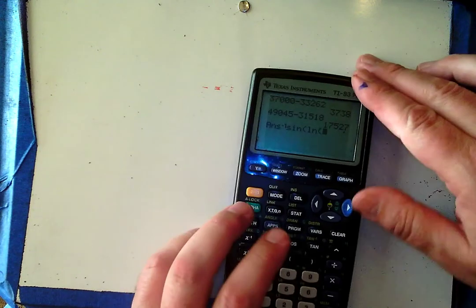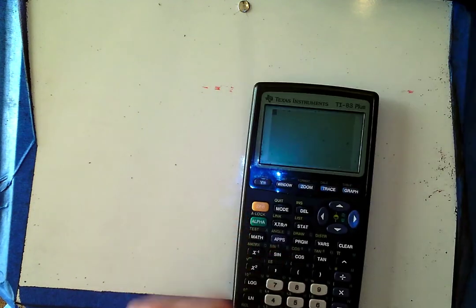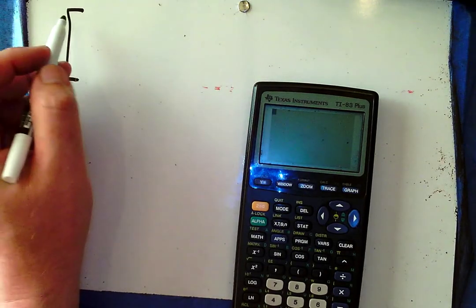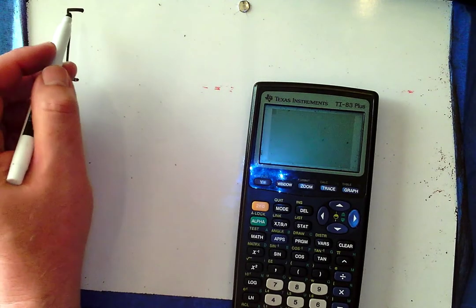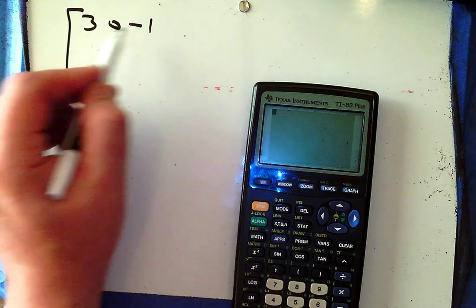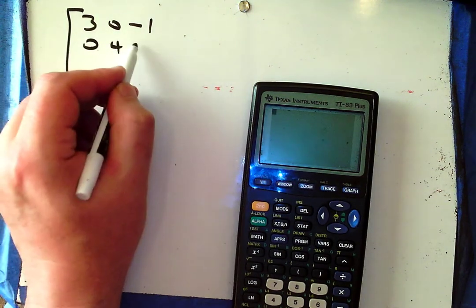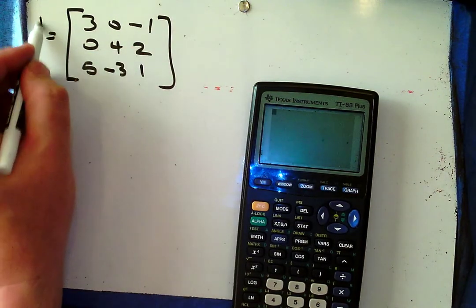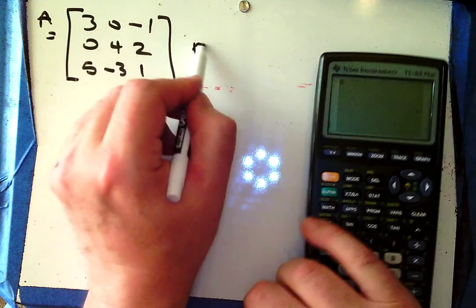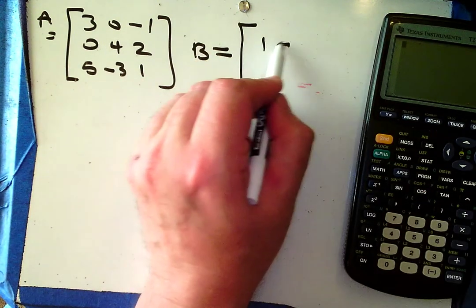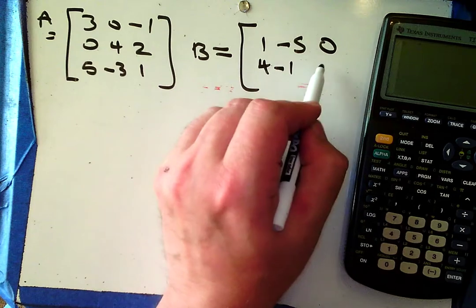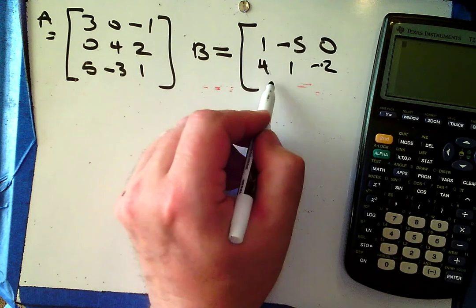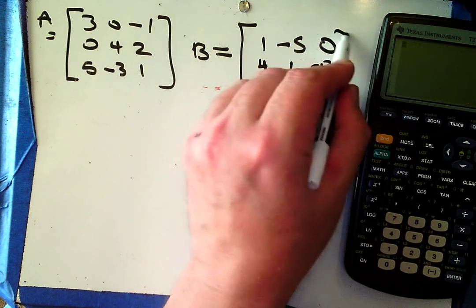All right. So I've got these two matrices. Matrix A is 3, 0, negative 1, 0, 4, 2, 5, negative 3, 1, and matrix B is 1, negative 5, 0, 4, negative 1, 4, 1, negative 2, 0, negative 1, 3.